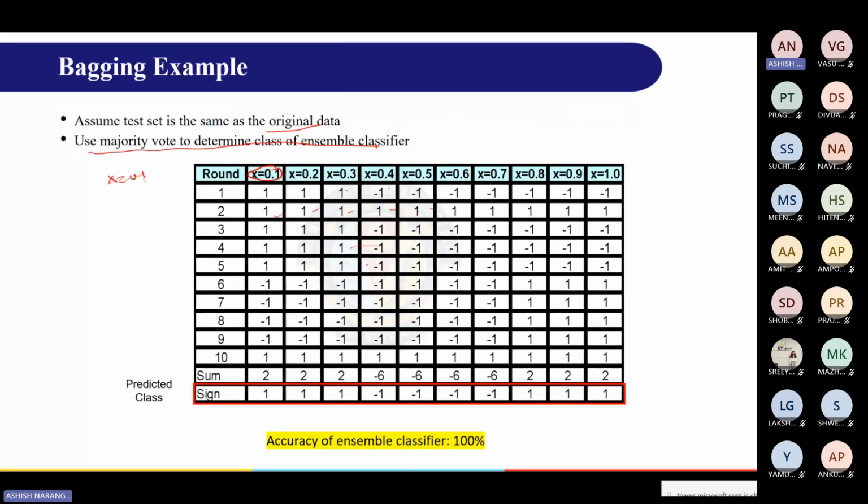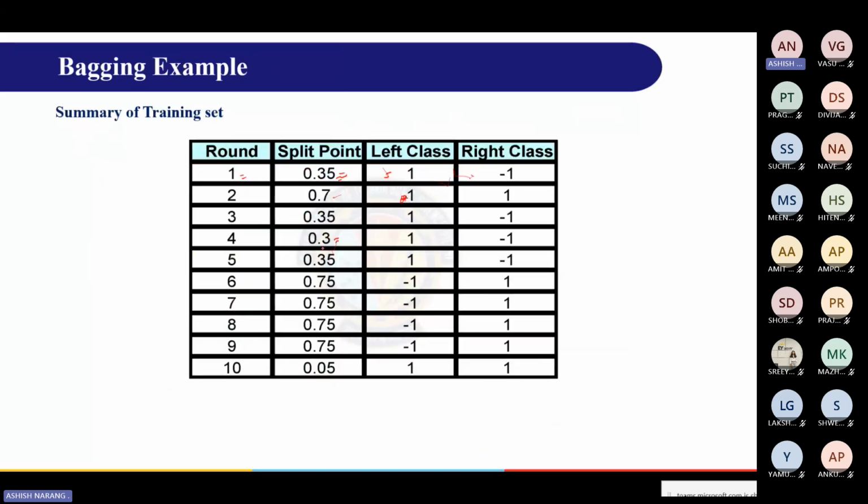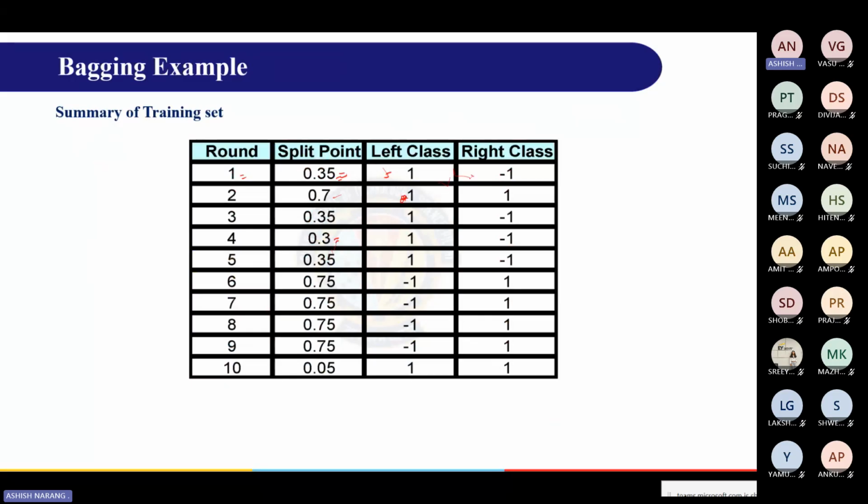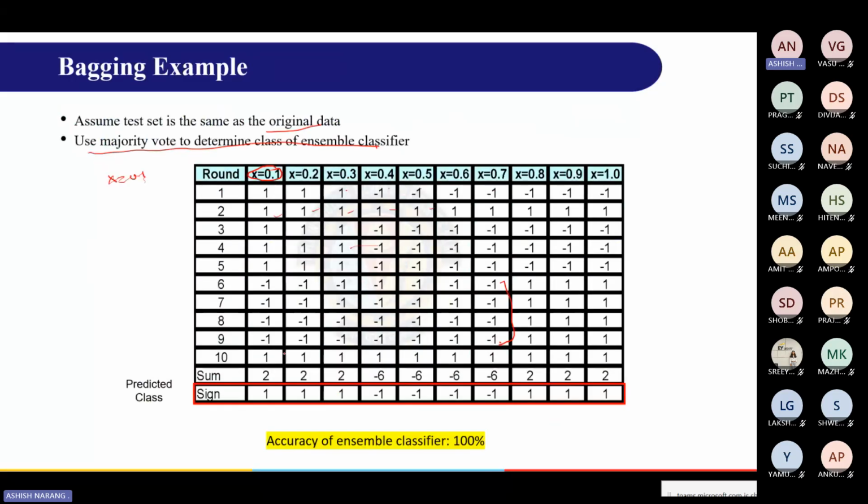For the fifth also it is the same, because the value is 0.35. Next, the value changes to 0.75, so till there the values are -1, the other one is 1. So 7, 8, 9 are like this. If I look at the 10th, the value is 0.05, so it is also classifying everything as 1.